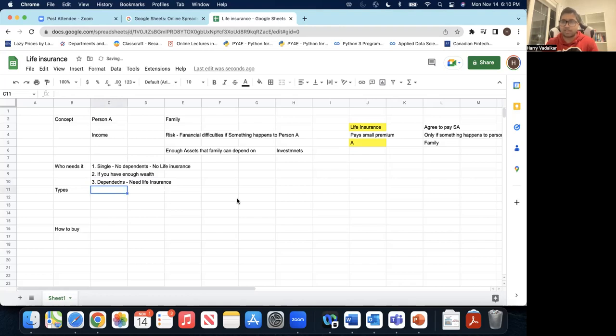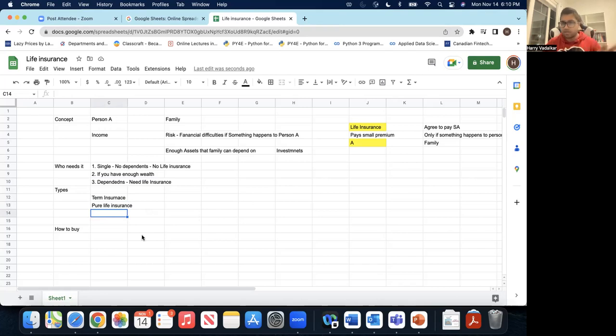Okay, most certainly you need life insurance. Now there are different types of life insurance. The first type, the basic type, is term insurance. In the easiest way to understand it, it is pure life insurance, and doesn't have anything else with it.